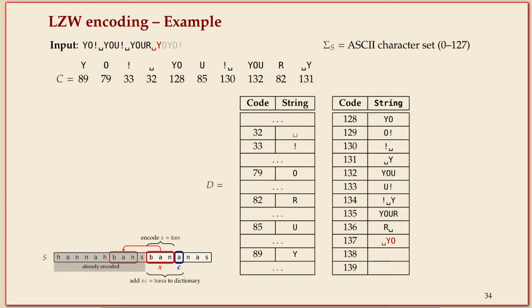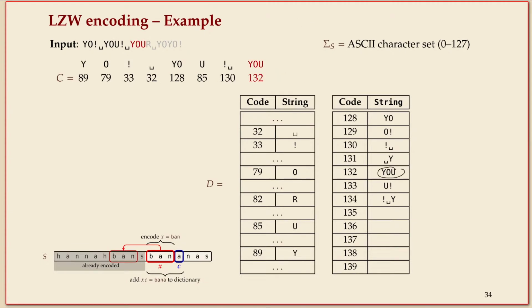So just to pick one example out of those again, we had the text encoded up to this point. And now the next thing we're looking at is starting with U. So we try to find the longest match that we have in our dictionary. These are all just single letters, but we've built up a few longer ones in the right column. In particular, we found U. So we use that. That's our output.